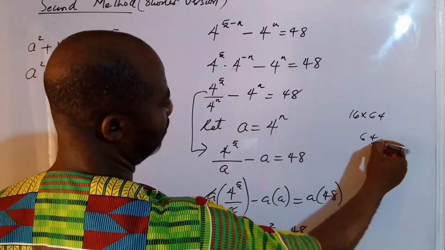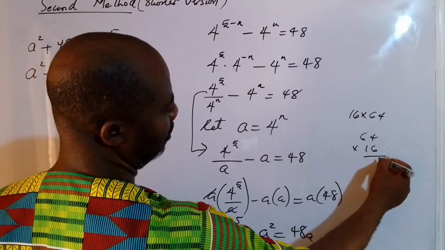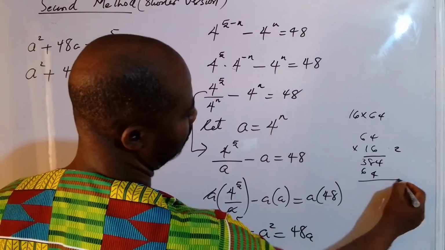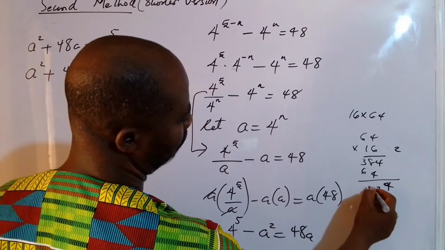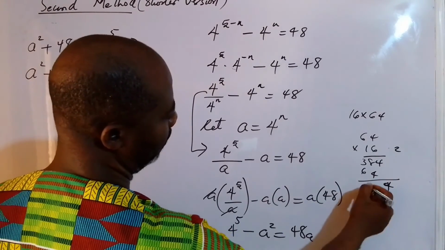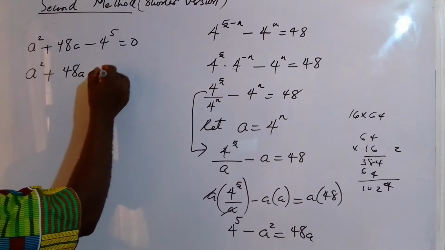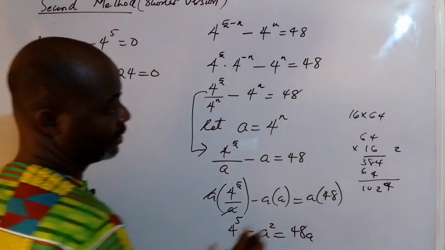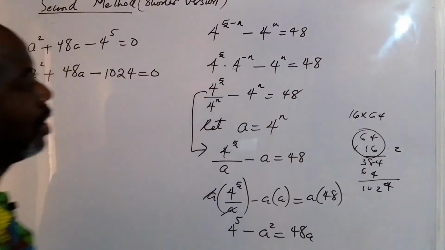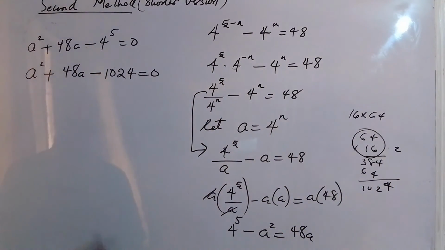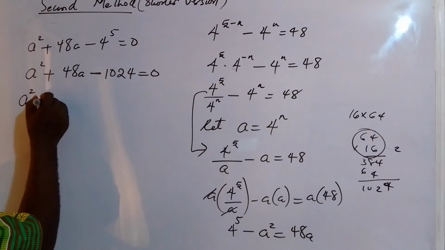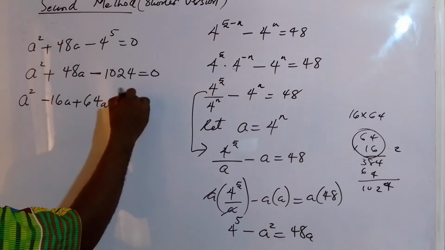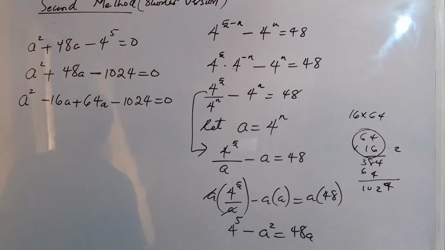So we have a squared plus 48a minus 1024 equal to 0. Of course, we know that 64 minus 16 will give us 48. So this becomes a squared minus 16a plus 64a minus 1024 equal to 0.